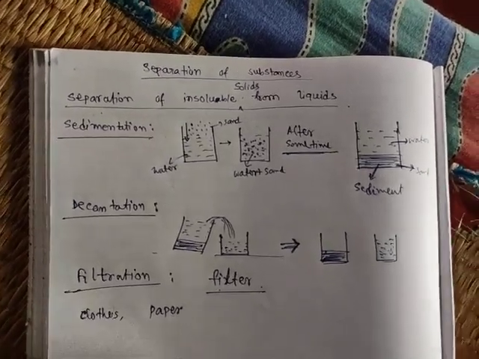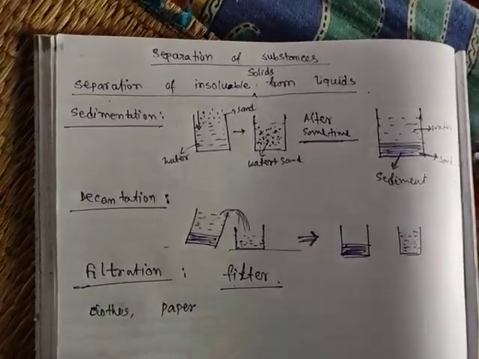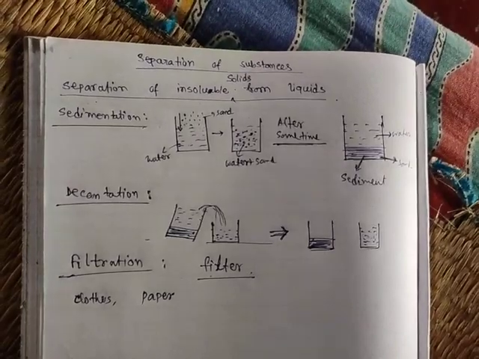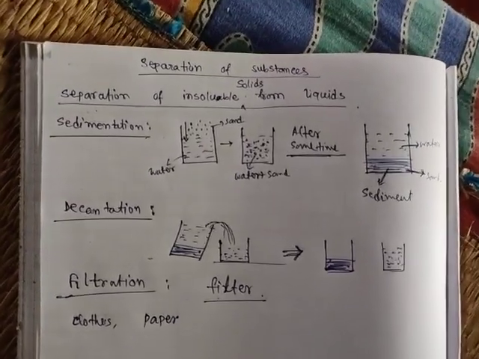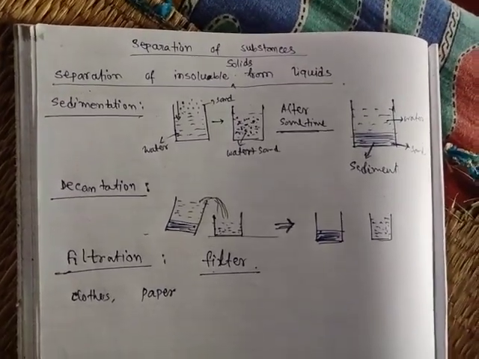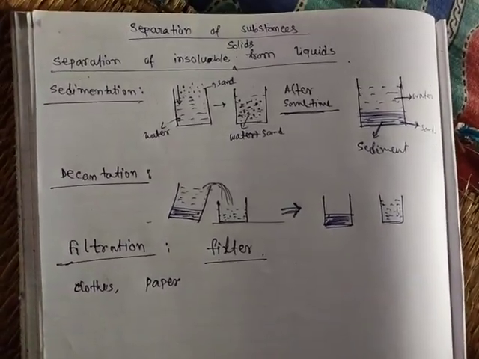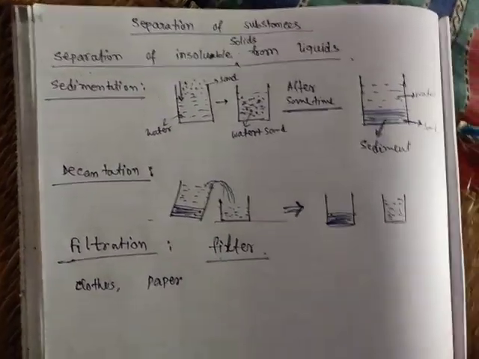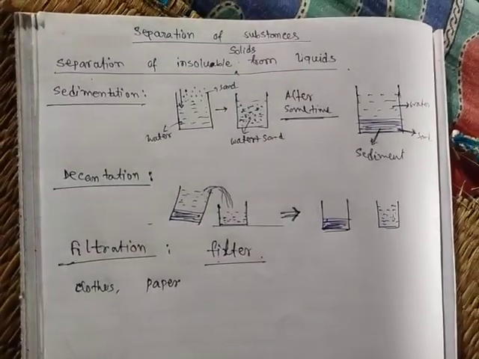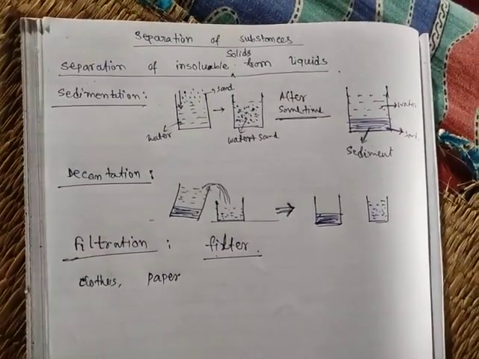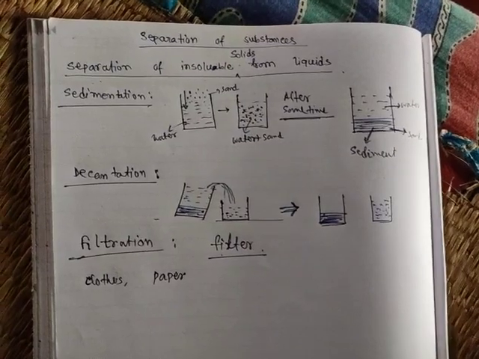Similarly, through the filter liquid can pass, but the solid which we want to separate cannot. In sieving, some materials can pass through and some cannot, so we can separate the materials.